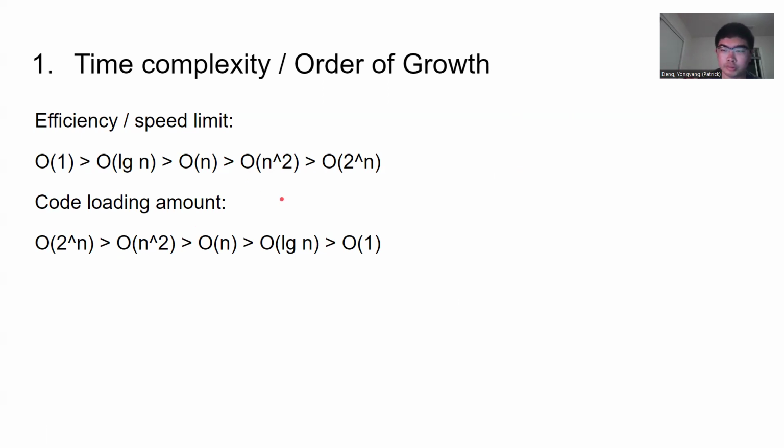It will be more likely for you to have very low efficiency because it takes time to load the code. It takes time to do the number of operations, so it takes more time to do a bigger number of operations.